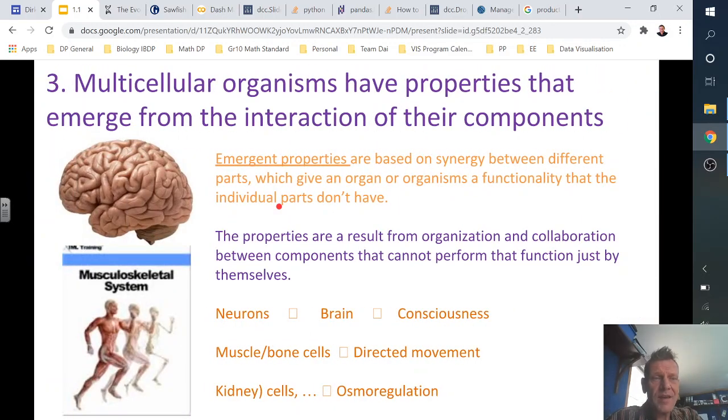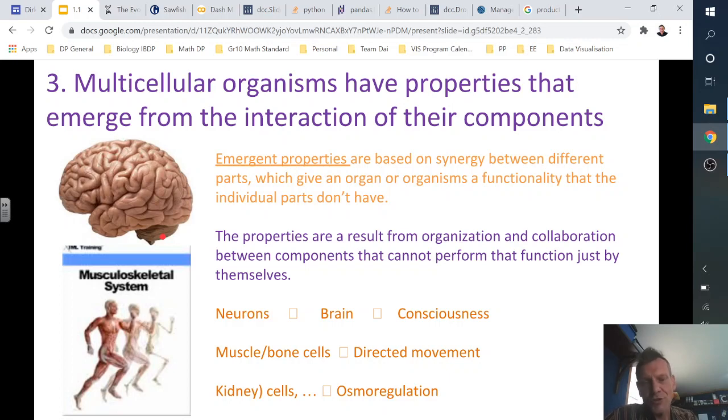The advantage of having so many cells also, like for instance, think about your brain and compare that maybe to the internet, where we have a network between different terminals, laptops and servers and all that. You might consider the internet, the cloud as we call it, an emergent property of that.